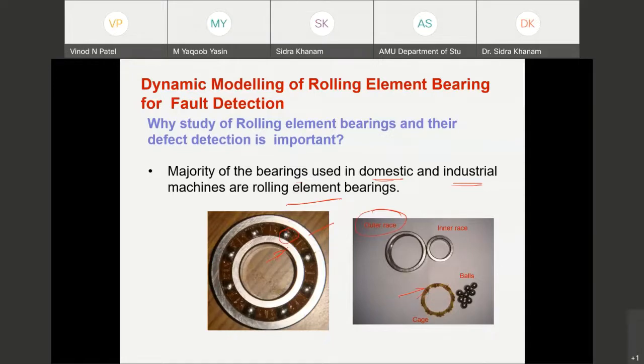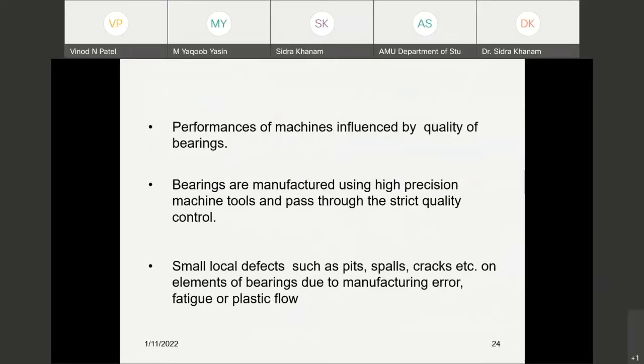What is the importance of this? The performance of any rotating machine depends on the quality of the bearings in it. If there is a defect in the bearing, it will definitely affect the performance of the machines and domestic instruments also.